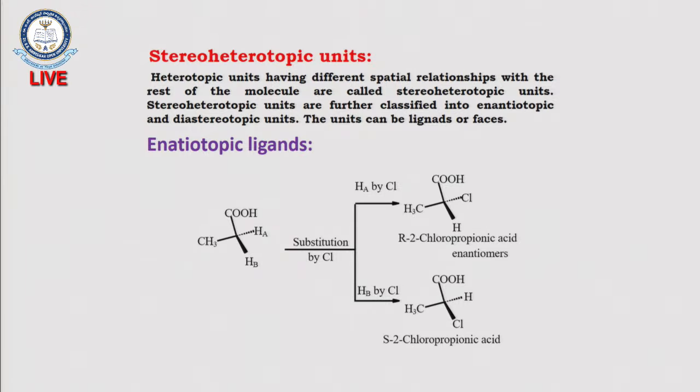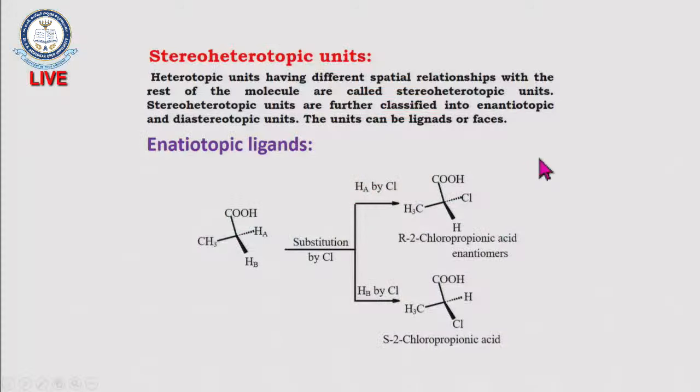In this compound where one of the hydrogens is replaced with chlorine, we get the S-2-chloropropionic acid. Now we see that these two products are different because R and S are different configurations here.